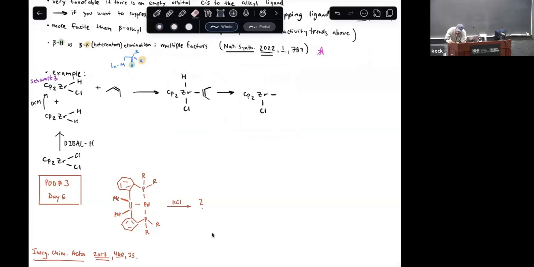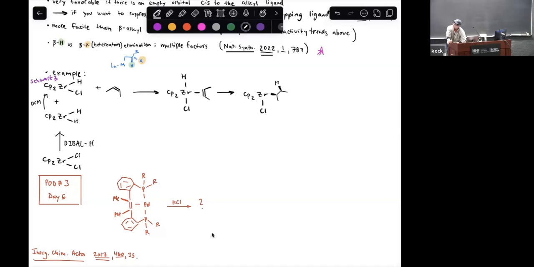Tell me something about the stereochemistry that we will observe. Cis. Okay, syn addition. And then what will happen next?